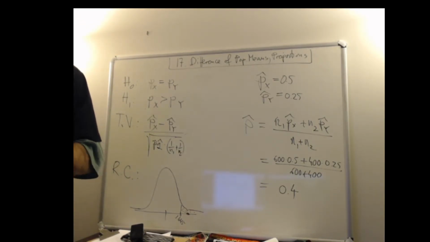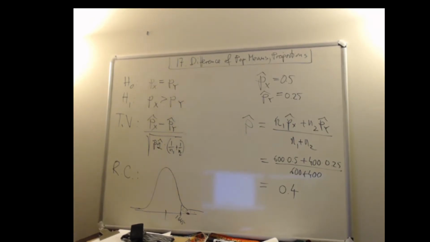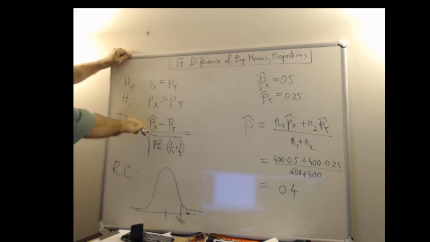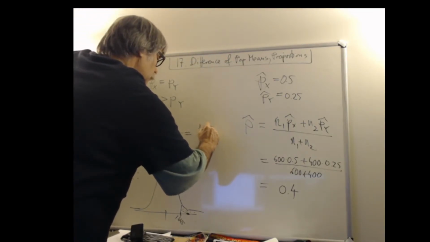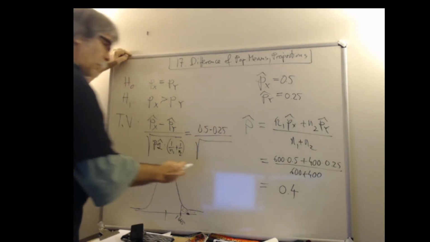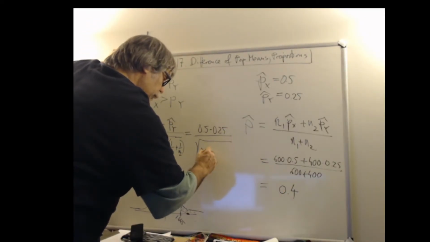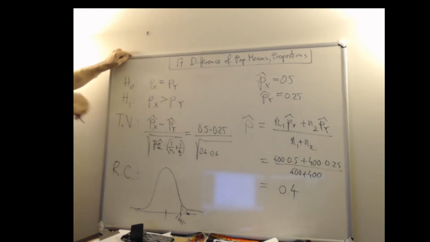Okay? So I need to calculate this guy. I didn't put that in the lecture, so I'm going to have to do that now. It's not going to be that difficult, but this is the formula for the test value. So I have over there 0.5, 0.25, downstairs 0.4, 0.6, complementary, 40%, 60%.